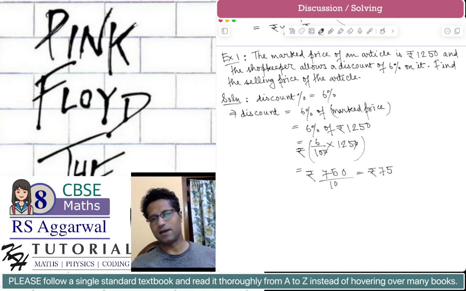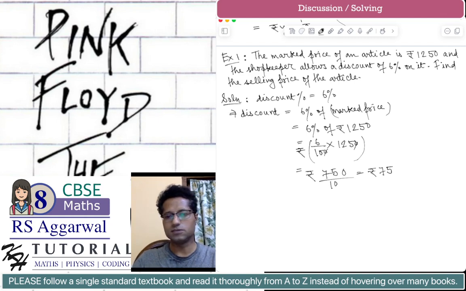Now please note that I might be making some calculation mistakes. Please do not give much focus to whether I am making any calculation mistake or not, and whether my answer is coming correct or not. Please focus on the concepts I am applying and how I am solving the problem. I hope this will be rupees 75 is the total discount based on 6% discount. So this is the discount.